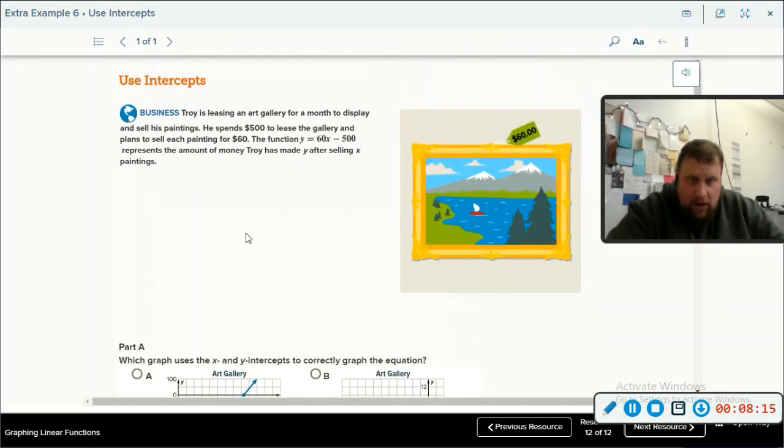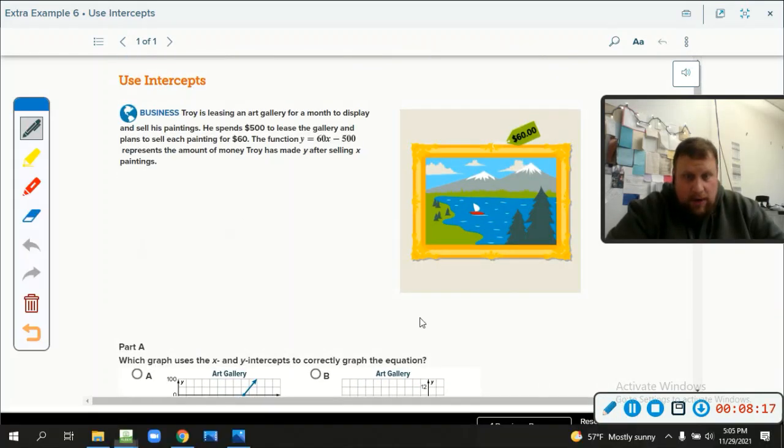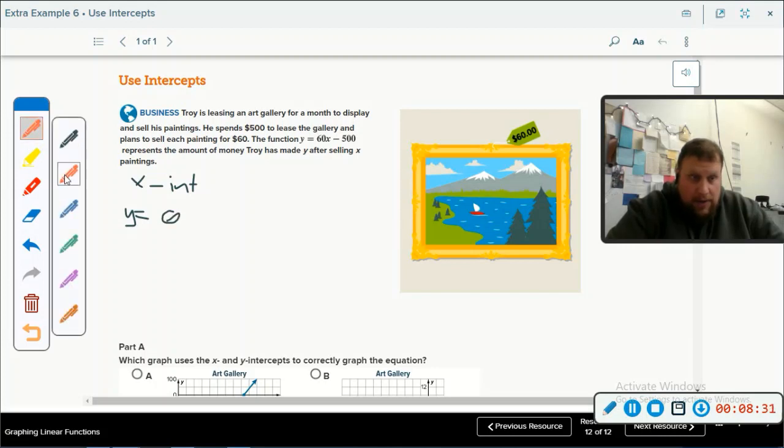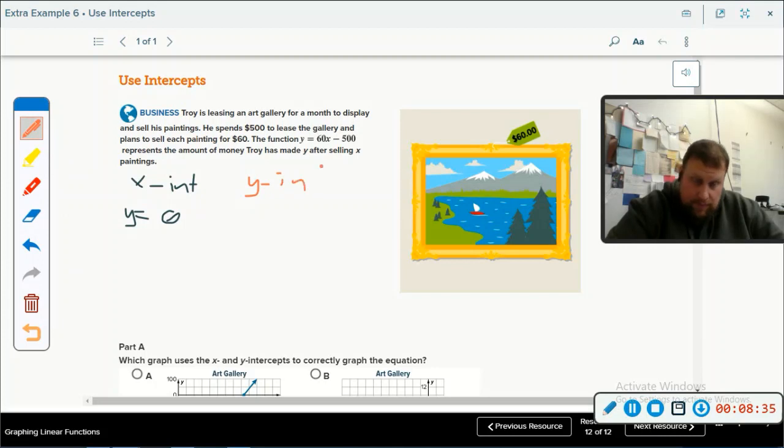Well, let's find out. If it's an x-intercept, what do I know? I know that for the x-intercept, I'm going to set my y equal to 0. And I know for my y-intercept, I know that my x equals 0. I'm actually going to do y-intercept first.